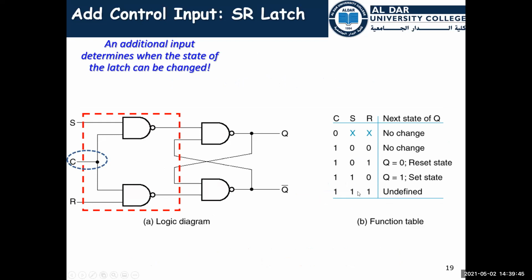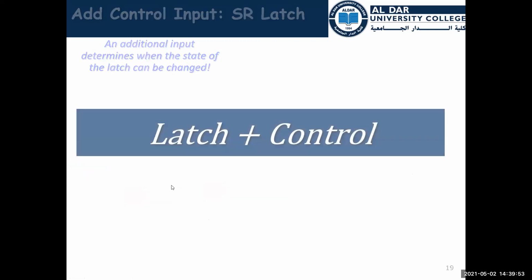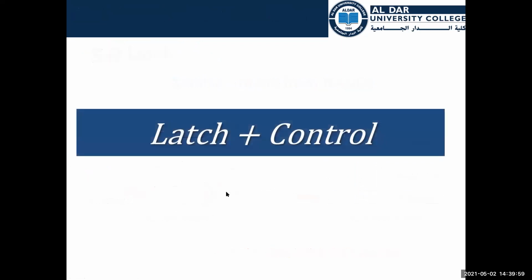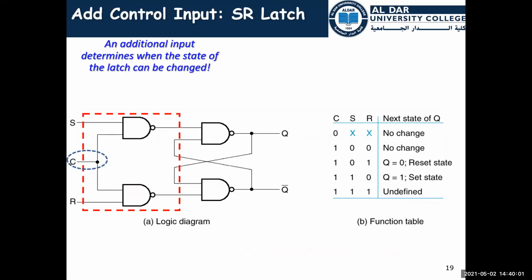Yes, this is because adding this layer makes it different from that one. Adding this layer doesn't mean that it is exactly the same. It is different. So the undefined will be 1 1 here.